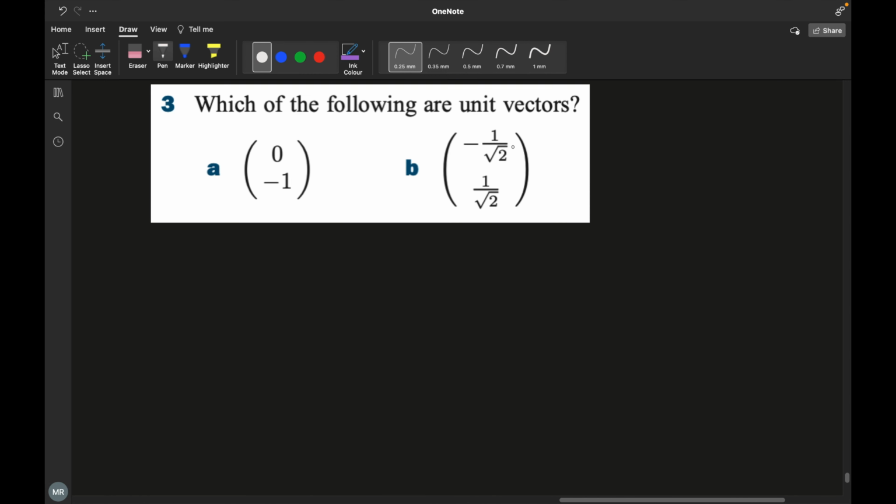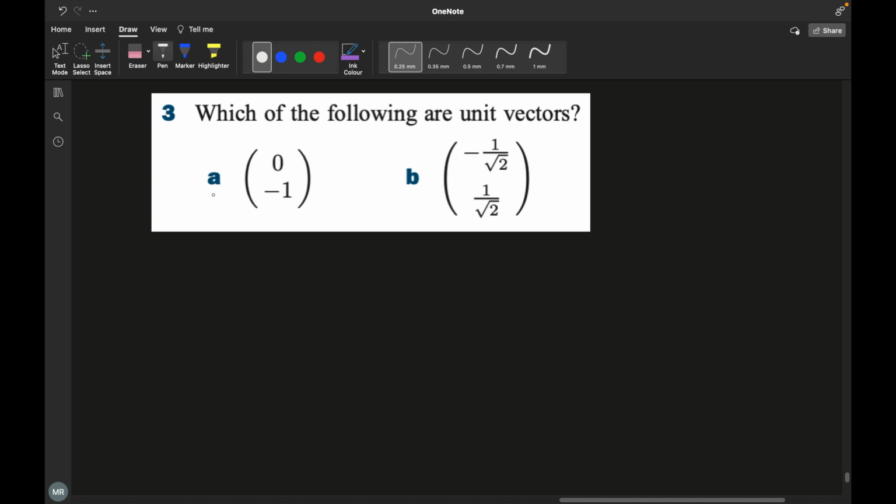Okay. Which of the following are unit vectors? Let's find this. Square root of 0 squared plus -1 squared. This is going to give us 1. Therefore, this is a unit vector.